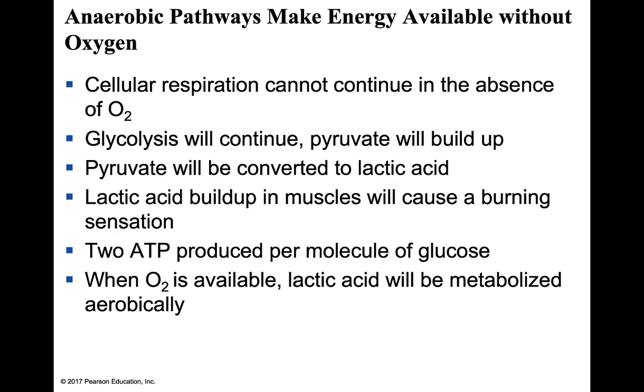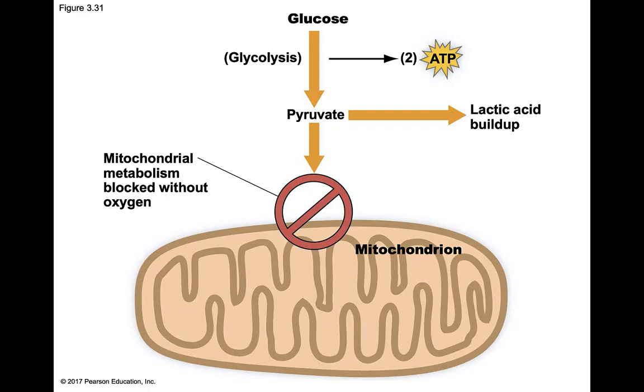Let's think about this a little bit. Remember what I said previously. The complete oxidation of glucose in the presence of oxygen is going to give me approximately 36 ATP. When oxygen is not available, I'm only going to get 2. And as I said, some ATP is better than no ATP. Now, I'm going to use an example here.